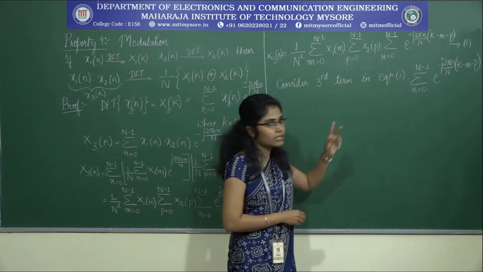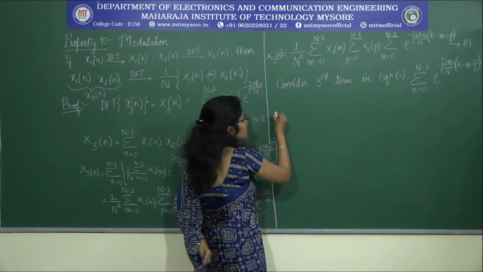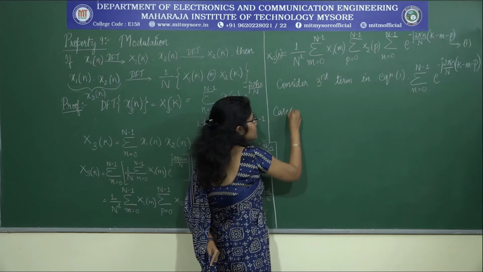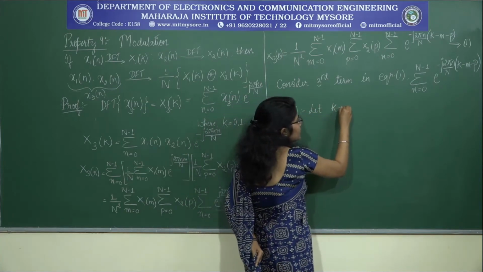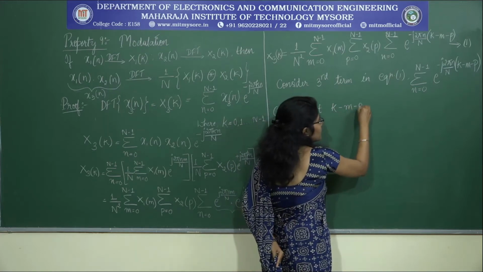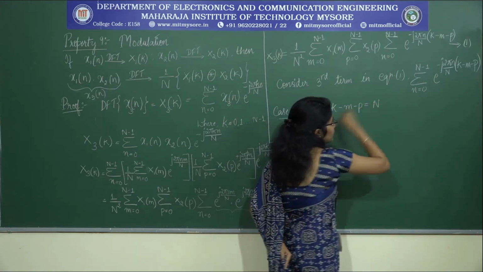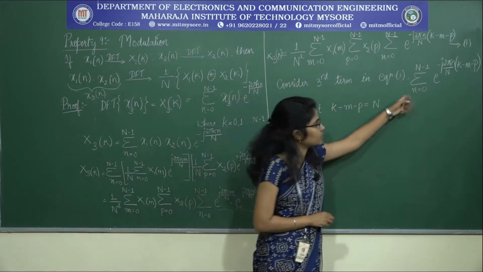Now let us deal with two cases. In case 1, let k minus m minus p be equal to N in this particular third term.